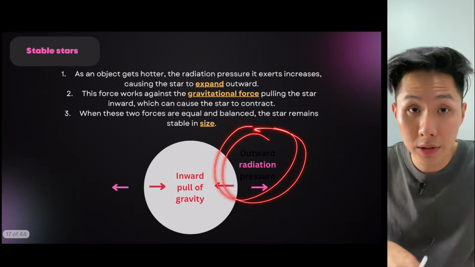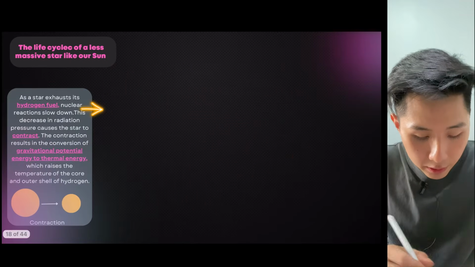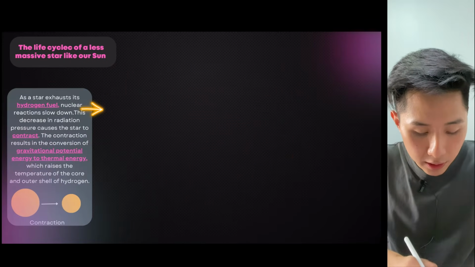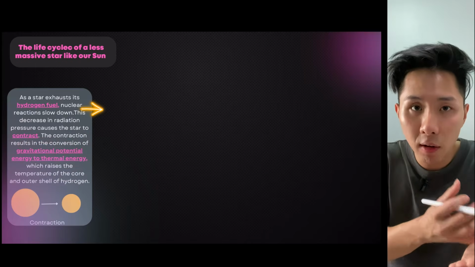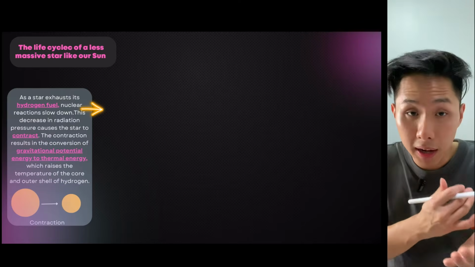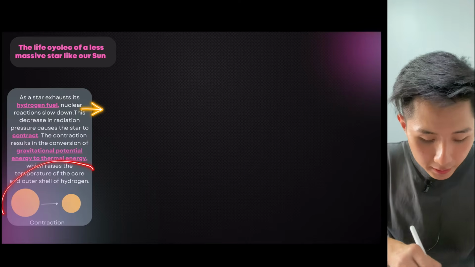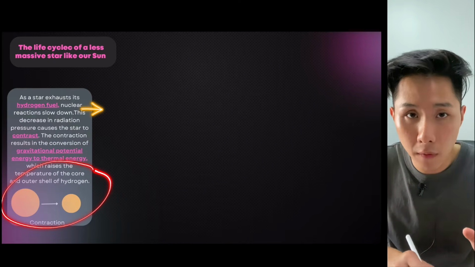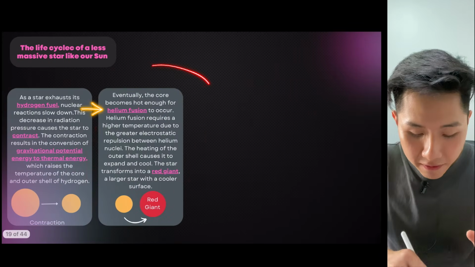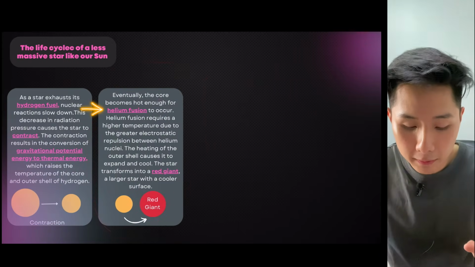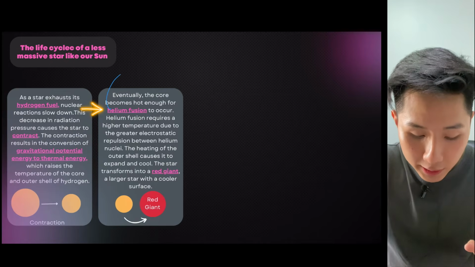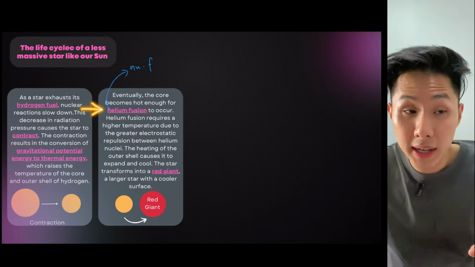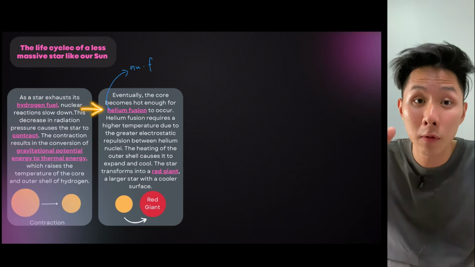So radiation pressure decreases, and the contraction results in the conversion of gravitational potential energy to thermal energy, because now the star is getting smaller and smaller, which means it gets hot. And eventually, the core becomes hot enough for helium fusion to start. What we have learned so far is just nuclear fusion, when hydrogen atoms come together to form helium.